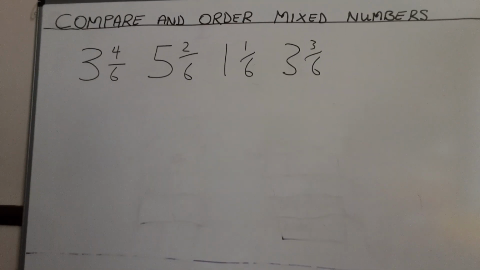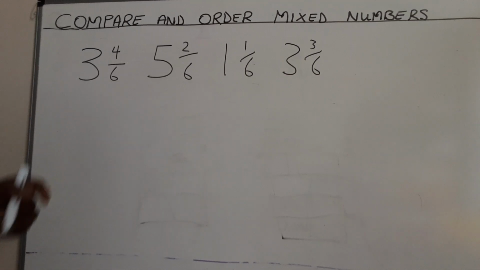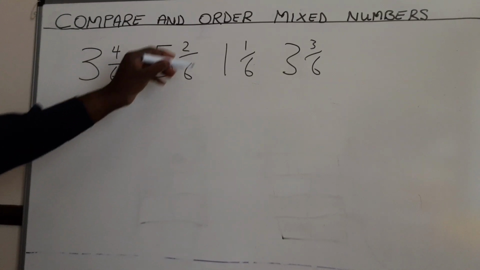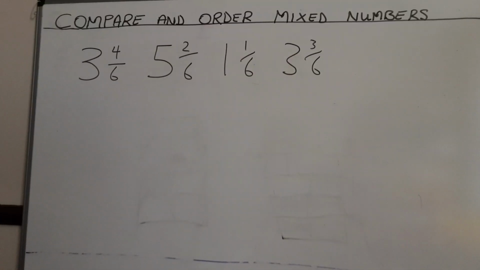All right, let's look at this example. This says put the mixed numbers in order starting from the smallest. So we have to order these fractions starting from the smallest. So first we have to compare the whole numbers. So we have 3, we have 5, we have 1, and we have 3.